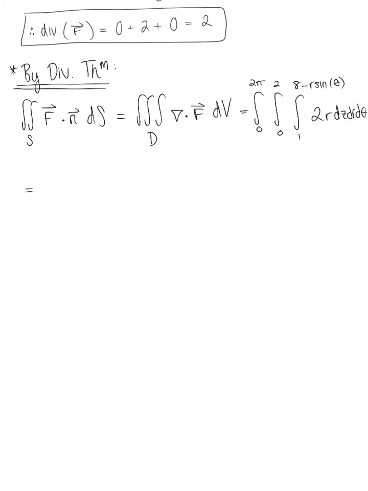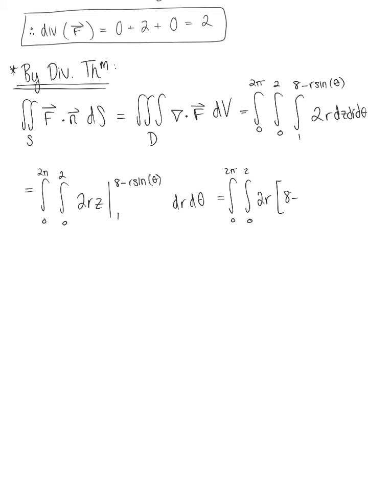So this is equal to the integral from 0 to 2 pi, the integral from 0 to 2 of 2r z from 1 to 8 minus r sine of theta. And that's dr d theta still on the outside here. So in evaluating, we have the integral from 0 to 2 pi, the integral from 0 to 2 of 2r multiplied by 8 minus r sine of theta minus 1.